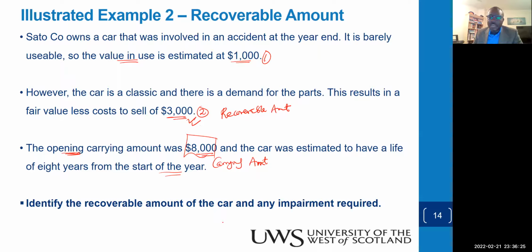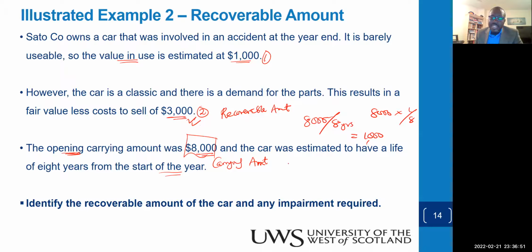Identify the recoverable amount. So what I would do is take my 8,000 and divide it by the 8 years. That's the depreciation, roughly. Let me say it is my 8,000 times 1/8, the depreciation, to get what is expected. So my depreciation for each year is 1,000.